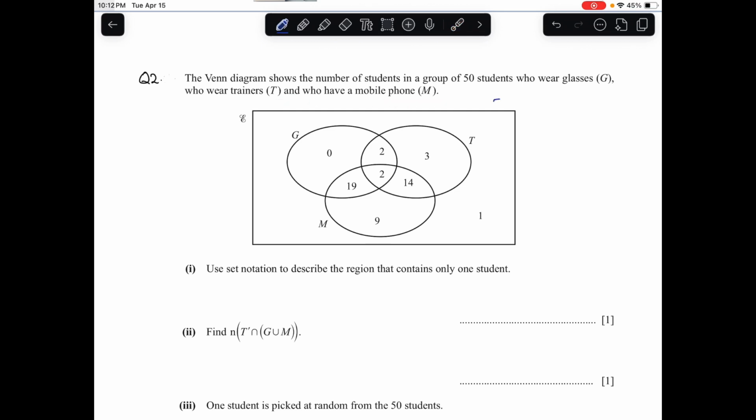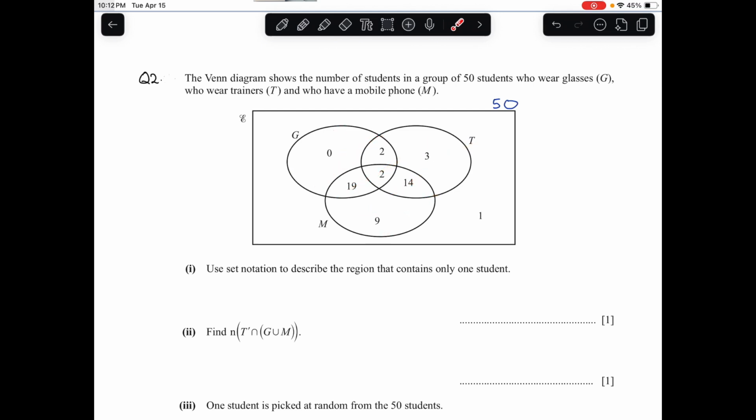So we have a total of 50 students, all right? And these numbers are the number of people who are either wearing glasses or wearing trainers or have a mobile phone. So use set notation to describe the region that contains one student. So this is outside all of this. What is all of this?